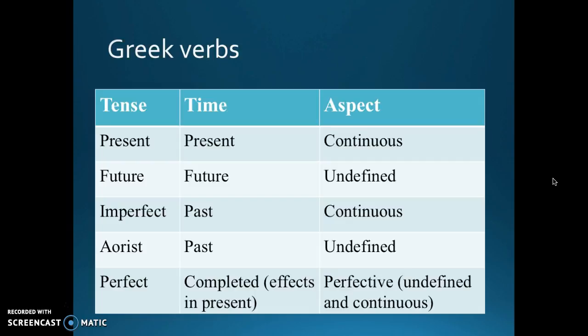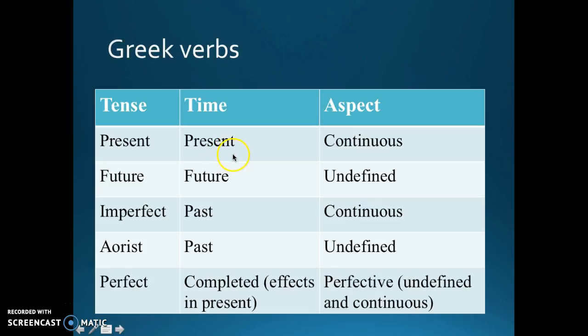So here's a chart that could be very helpful. You have your tenses on the left-hand side, followed by the time of when that action is representing, and then the aspect. For example, a present tense is the tense of reality.